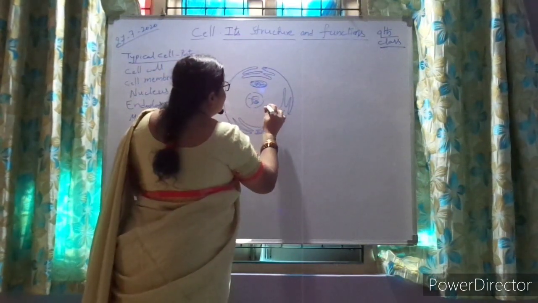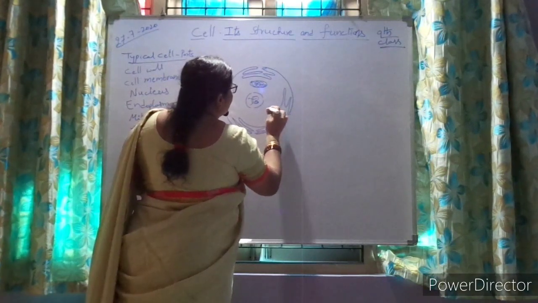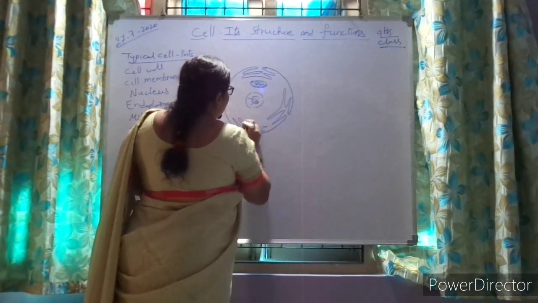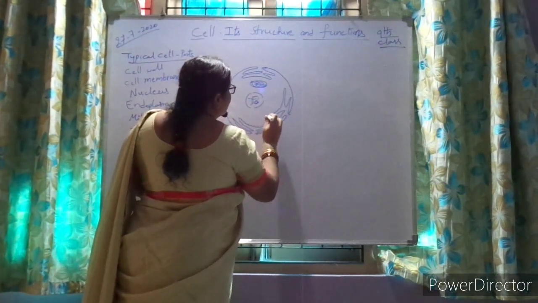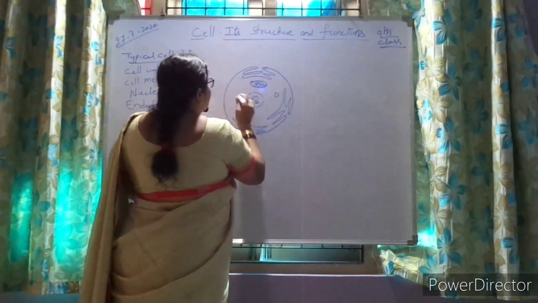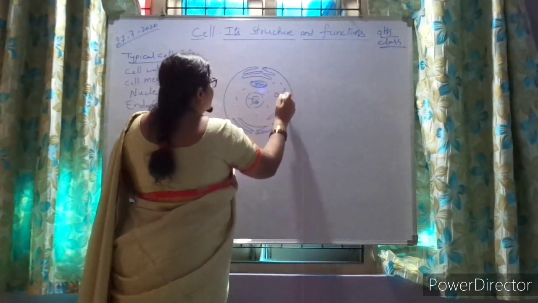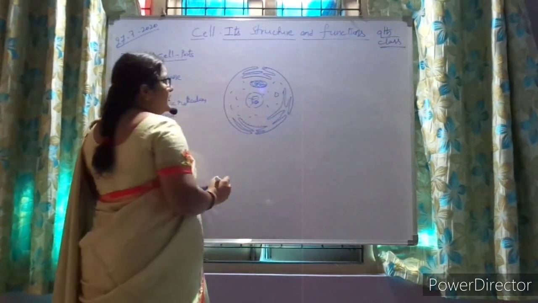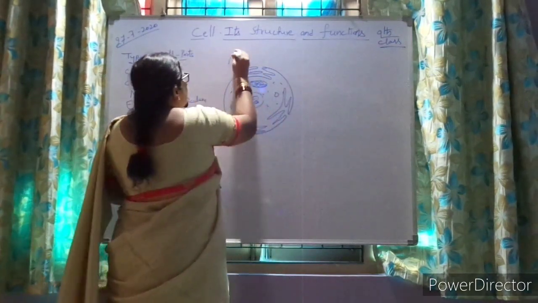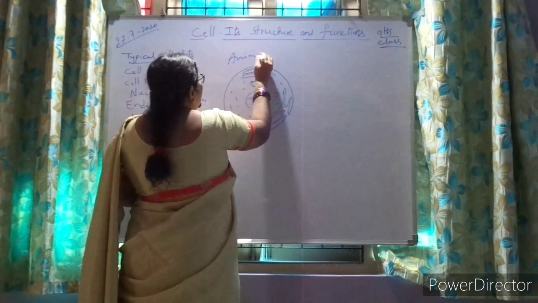We observe here mitochondria, then rough endoplasmic reticulum, ribosomes, cytoplasm, all this. So this is called an animal cell.